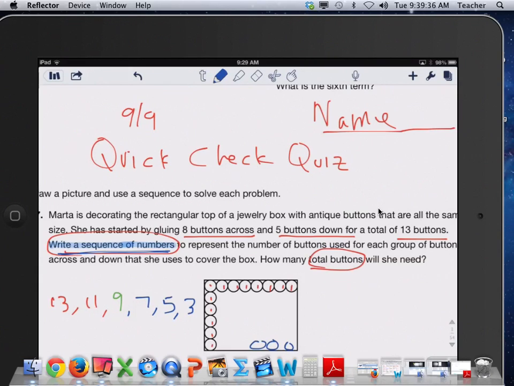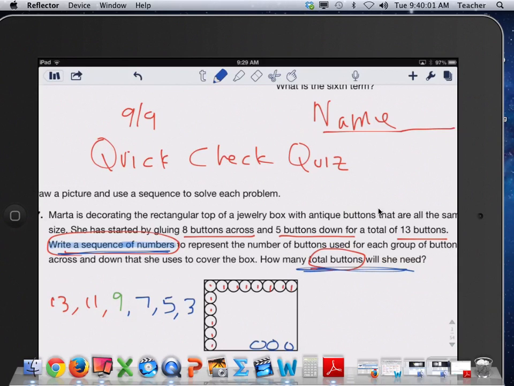Whose paper did not have a total of how many buttons? Okay, then give them a 2. They at least got half of it right. If they didn't answer the total of buttons, you give them a 2 because they got half of it right. Do you understand that? Why is it a 2, Tyler?